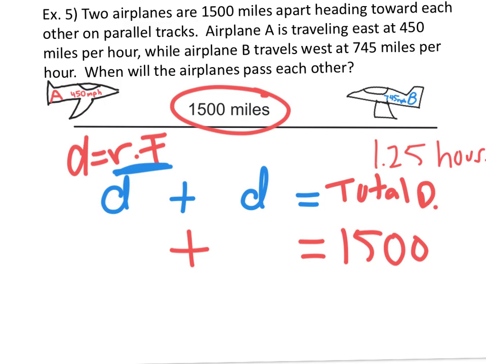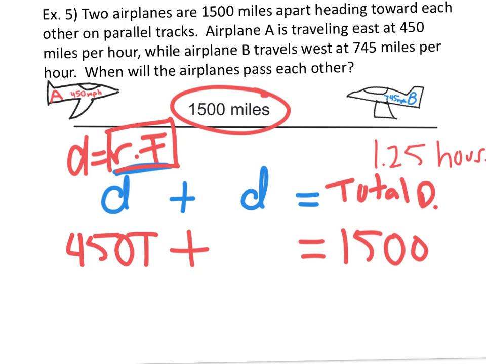So the rate of plane A is 450. So you're going to put 450, that's the rate. Now the time we don't know, so we're going to keep it T. Okay? And the distance of the blue train, again, we're going to use the R times T. So the distance of the blue, did I say train?